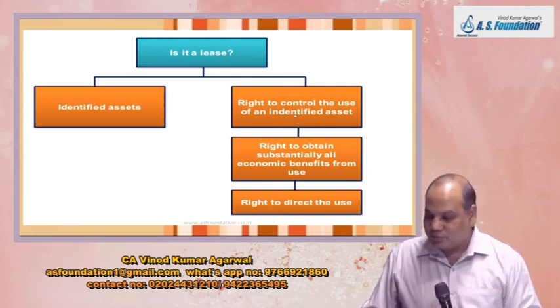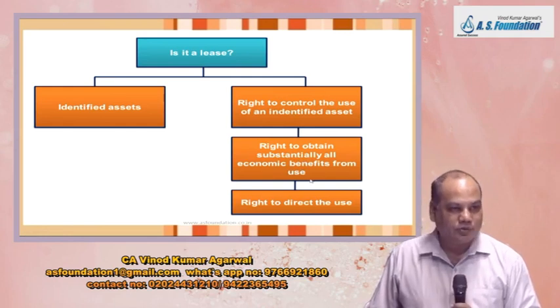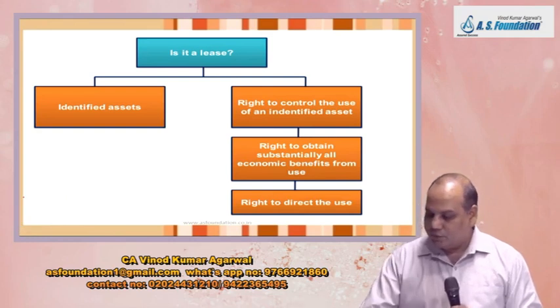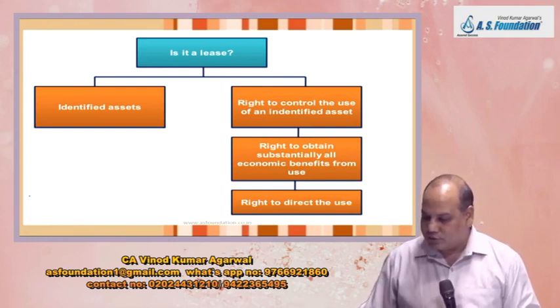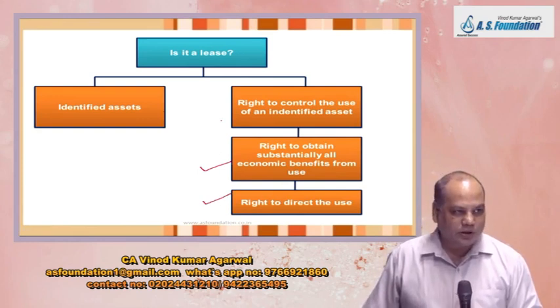Right to control the use of an identified asset means right to obtain substantially all the economic benefit from the use and right to direct the use. If you have transferred these two things to the other party, then this standard will become applicable. It is a lease contract. There is an identified asset.